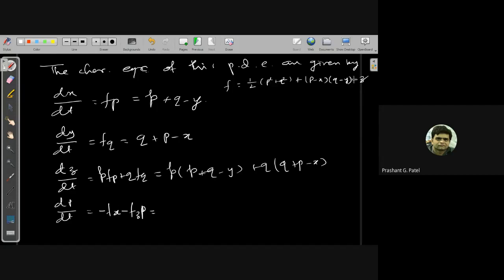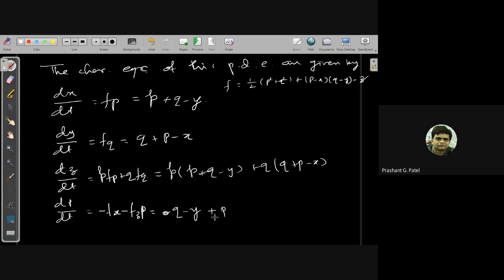The derivative of this with respect to x will give me minus 1 into, so it is minus q, minus is already there, so we have q minus y, and fz is minus 1, so minus minus becomes plus, so it is plus p.